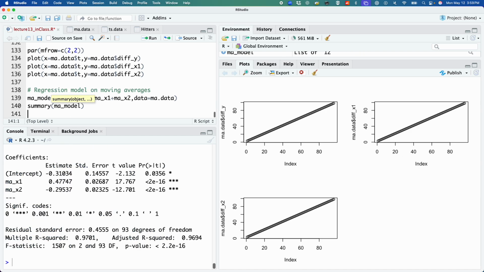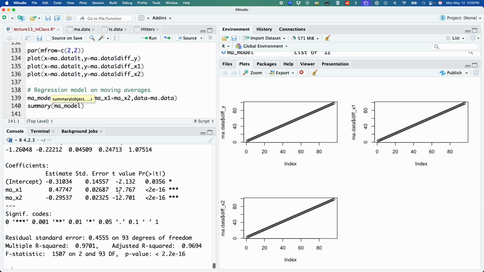Let's see what happens. So here, in this particular case, these moving averages get us quite close to our original true function, which is, I think, 0.5 times x1 and negative 0.3 times x2.